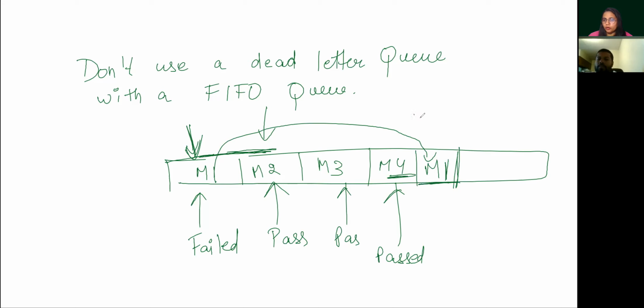So the order of the FIFO, the order of the messages, changed. Now the order becomes M2, M3, M4 and M1, because it failed earlier, so now it has to be processed last. So that's why in FIFO we don't allow it to use a dead letter queue.